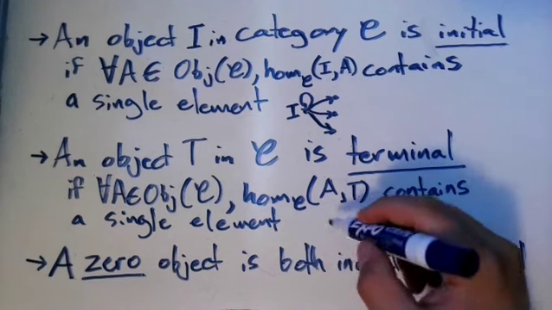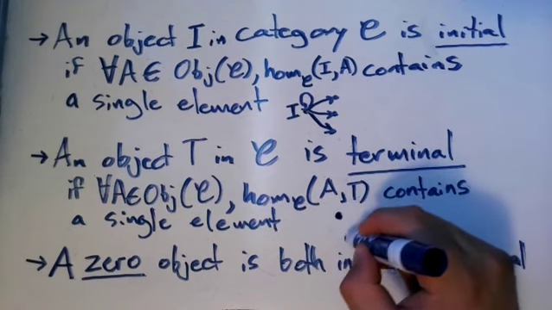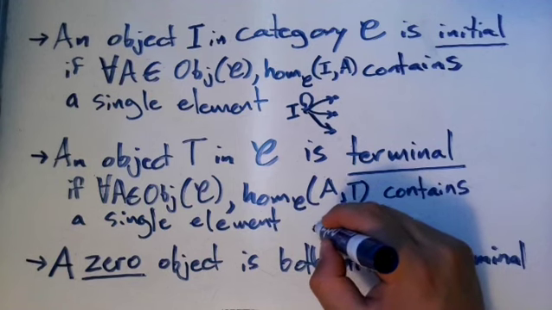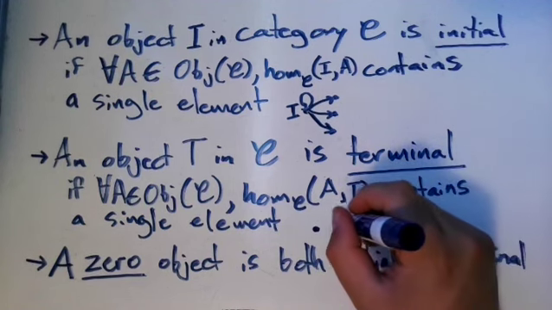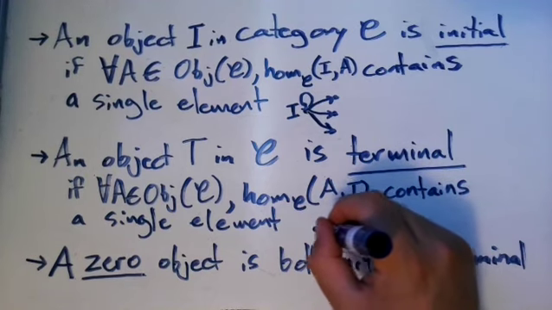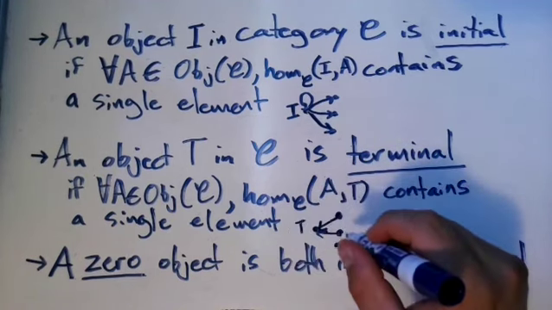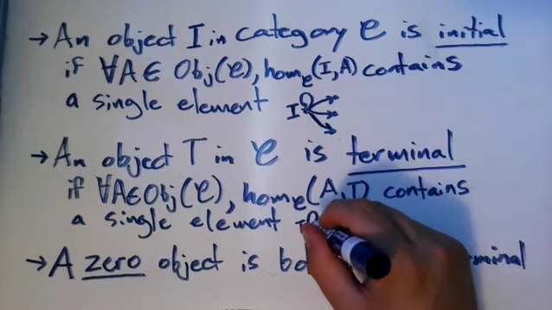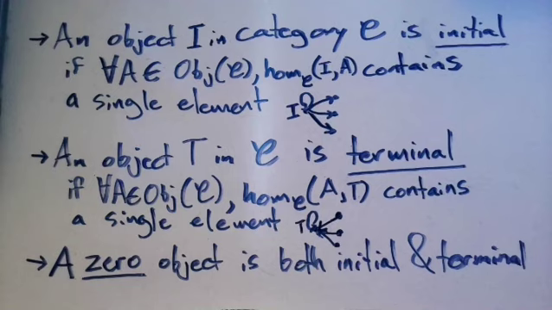That means basically the opposite of the first case: for any object A in the category, we have a single morphism coming into our terminal object T, including, of course, T itself, which in this case will only have the identity morphism in the hom set from T to T.